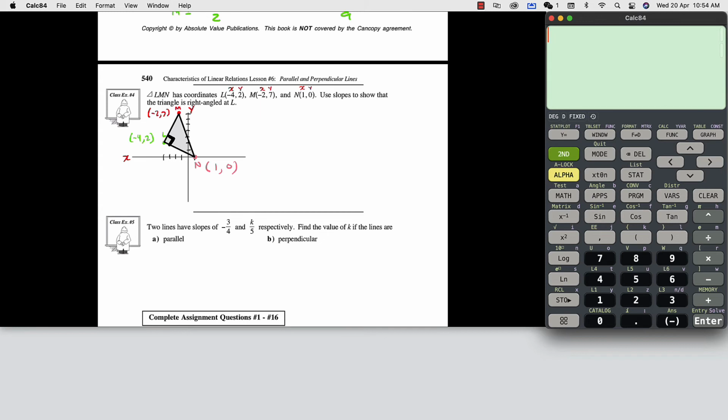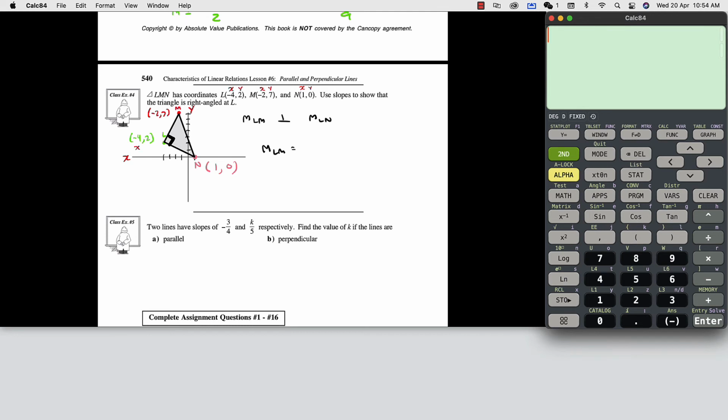Well, I want to compare the slope of LM, and I want to make sure that it is perpendicular to the slope of LN. So the slope of LM is going to equal, so again, I'm going to label some points here.